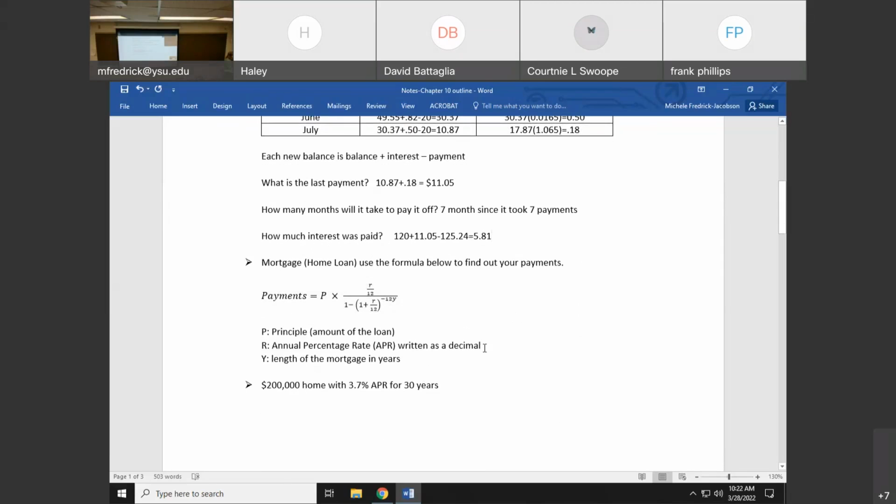Okay. Mortgage payment. We talked a little bit about this formula because I had you plugging into it. P is for payment. Can you see it all right? Some of those values are pretty small.